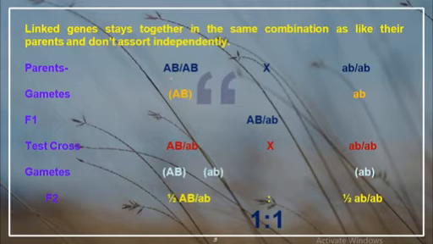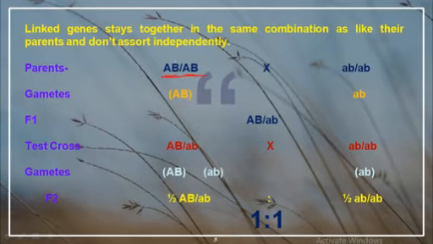We have selected two parents which have linked genes. The genes you can see, capital AB, present on the left side of the slash, are on one chromosome, and the other pair, capital AB, on the right side of the slash, is present on the homologous chromosome.